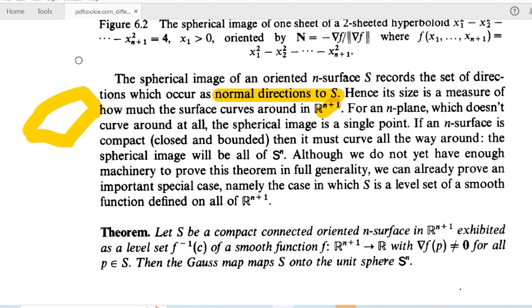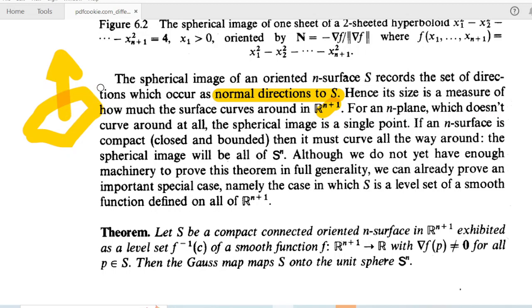The normal vectors of this plane, in whatever direction, will be upward or downward. But we are considering an oriented n surface, so we consider only one normal vector field, say the downward one. Only one oriented unit normal vector field.